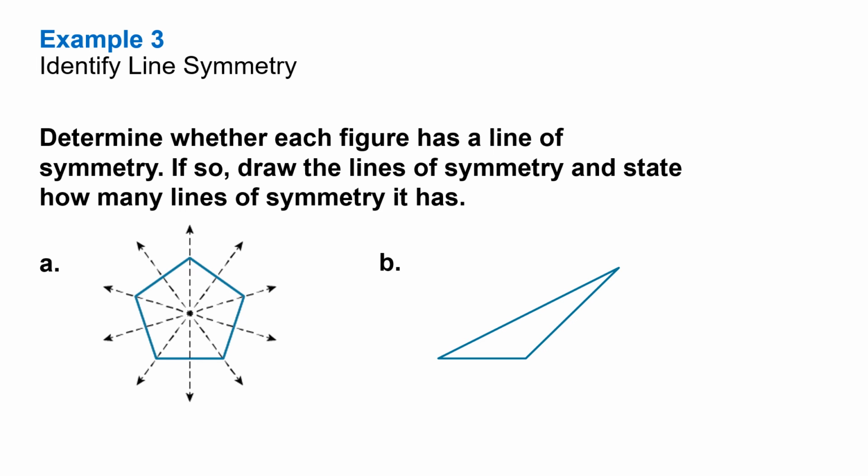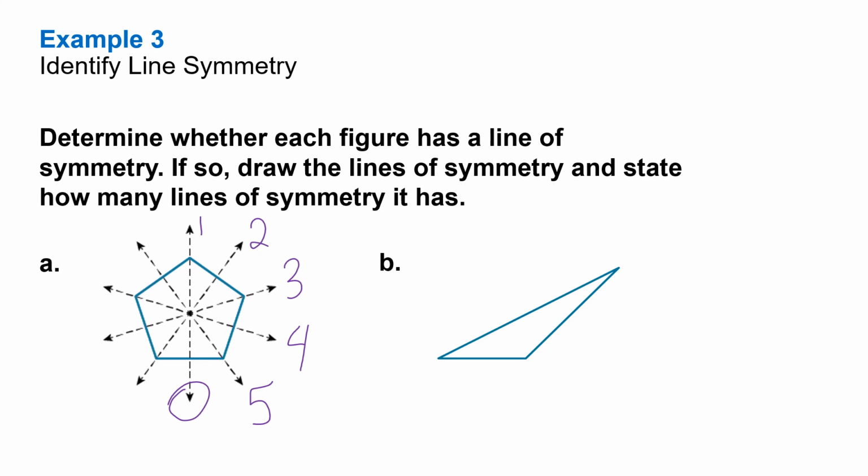So what we're going to do is count the lines that we have. 1, 2, 3, 4, 5. But notice that this line right here, if I were to count it again, I've already counted it with the number 1.